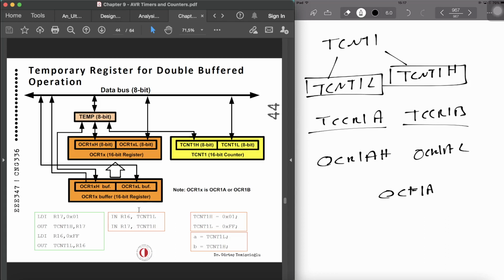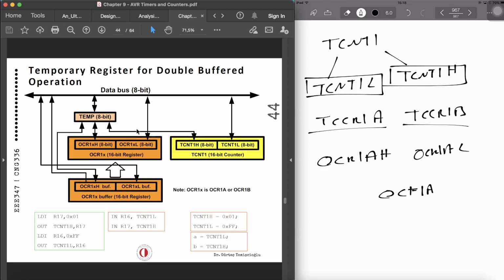And when we want to read it back, we read the low byte first, okay? And then we read the high byte, because the low byte is read first, and the high byte goes to the temp and then to the data bus.